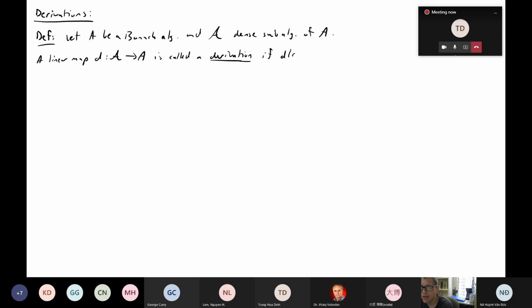In other words, D on AB equals A D on B plus D on A times B, for any A and B in my dense domain.